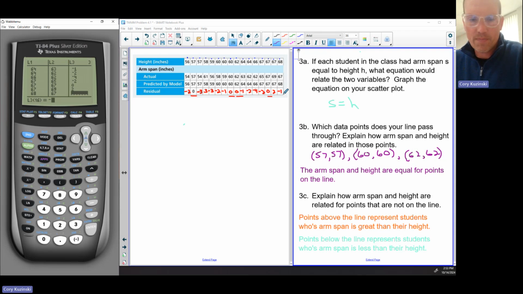And negative 1. I guess they want me to make a scatter plot of the heights, which is in L1, versus the residuals, which is in L3. So I'm just going to go zoom 9. Oh, dimension mismatch. Why?